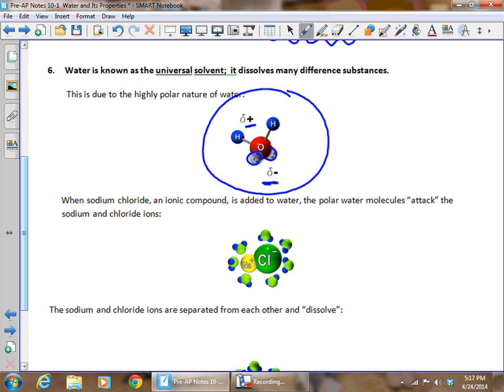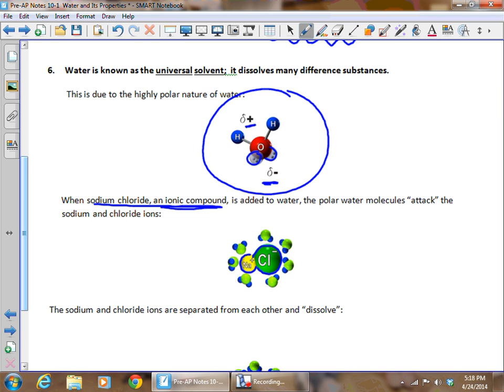And when you drop something into water, an ionic compound, for instance, that's made up of ions, sodium chloride with its positive sodium and negative chloride ion, the water molecules attack.